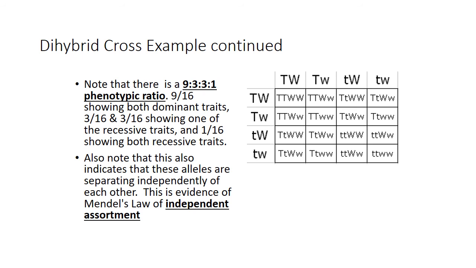And this indicates that the law of independent assortment is true because they are going to separate independently of the other trait. If that law was not true, the purple and the tall would somehow be connected, but they are independently assorting of each other, so this law is true.